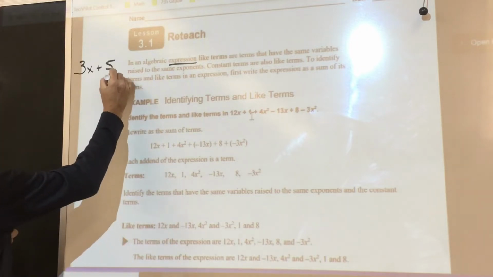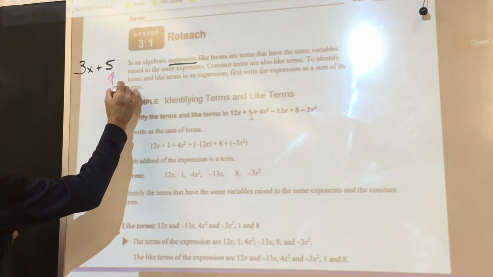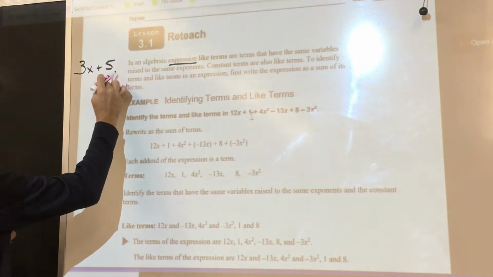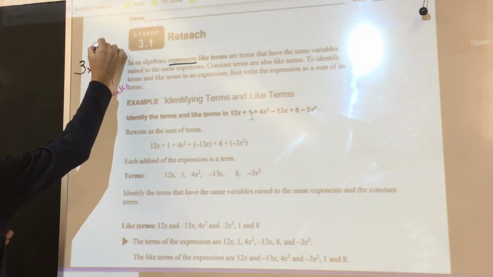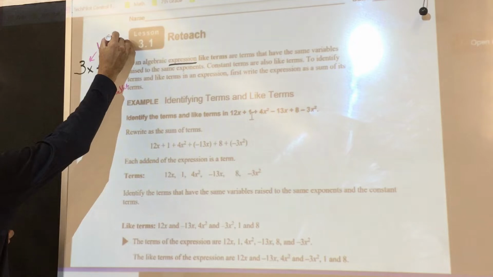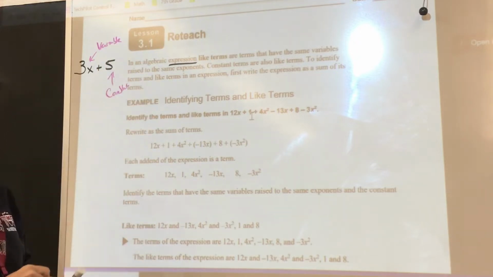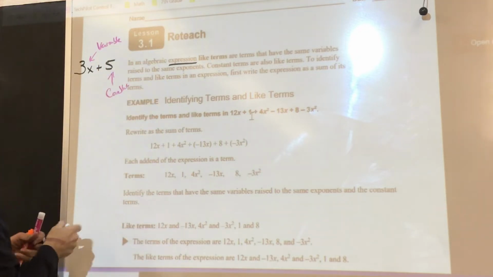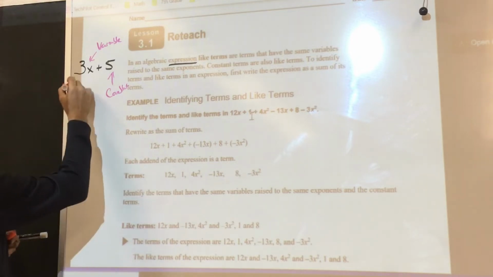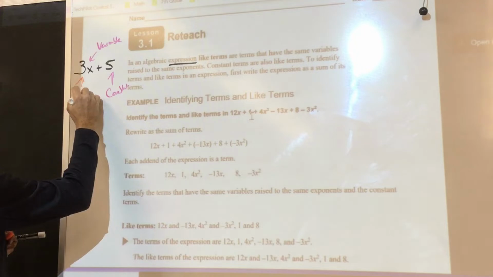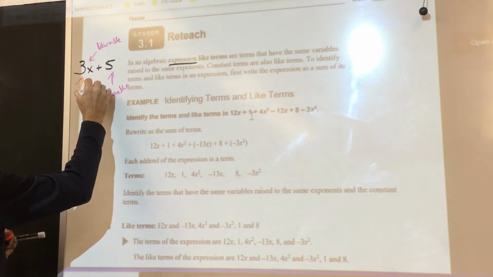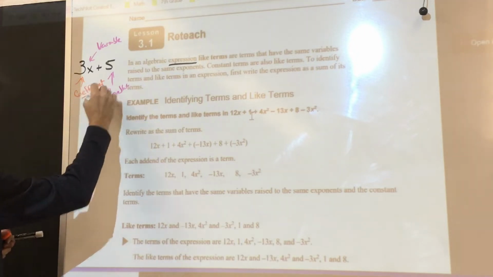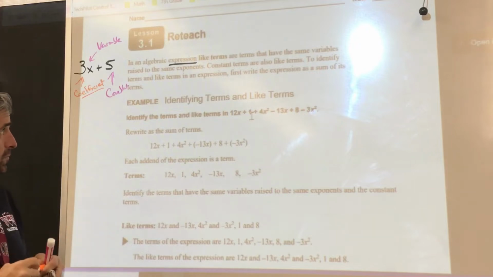The constant is the whole number or rational number. We have an x, which is the variable. That could be y, b, n, whatever letter you designate. And then what's in front of the variable is called the coefficient. We'll talk more about coefficients as we go through the next couple of chapters.